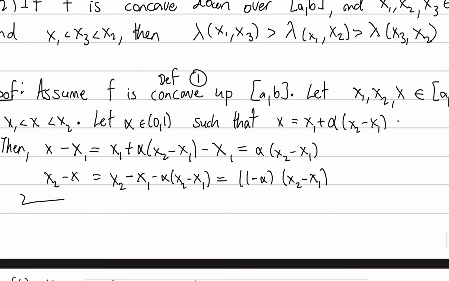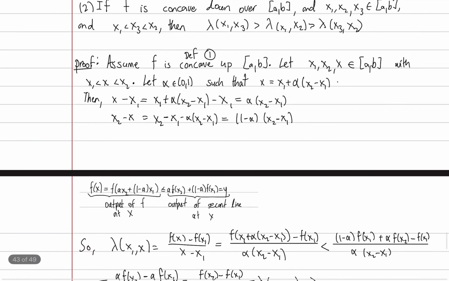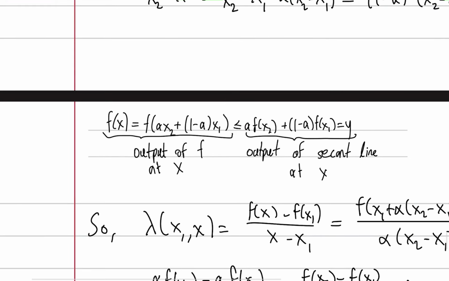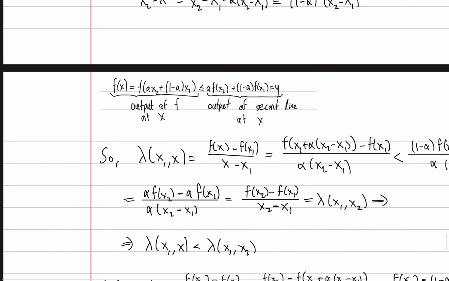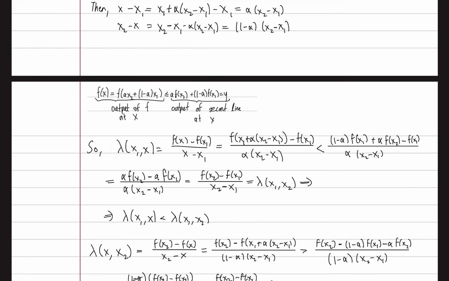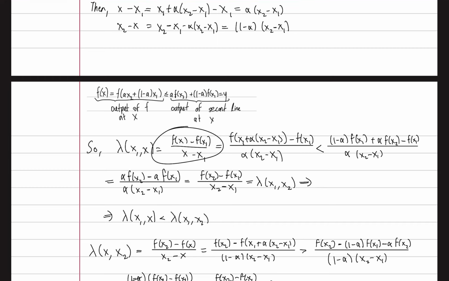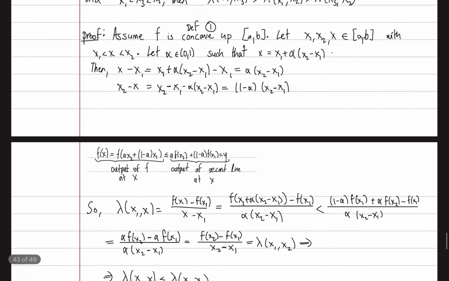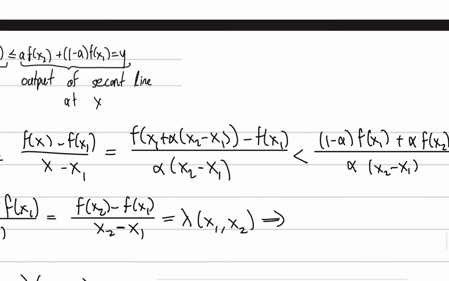And we have the following, which remember I already proved, but I'm going to re-show you why these things are true. Now, recalling this, which is our definition 1, we have lambda of x1, x, which is, as this definition shows, just this, because we're plugging in x as x1 plus alpha times (x2 minus x1).